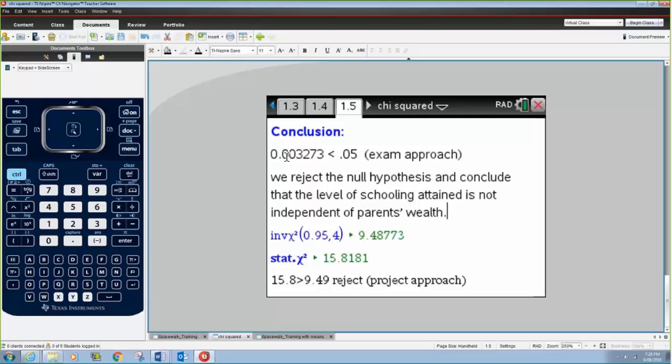So the probability is less, so that's one reason to reject the null hypothesis, and the other reason to reject is by looking at the chi-squared value being greater than the critical value for this particular situation.